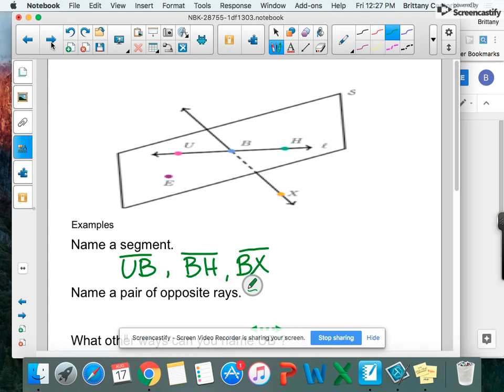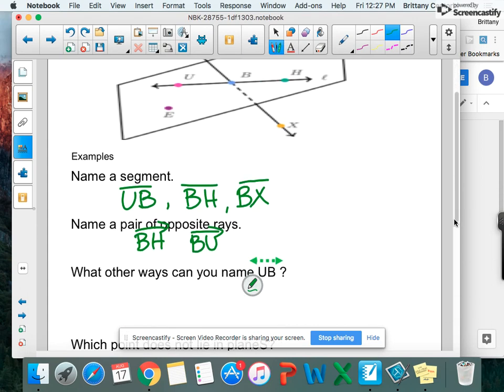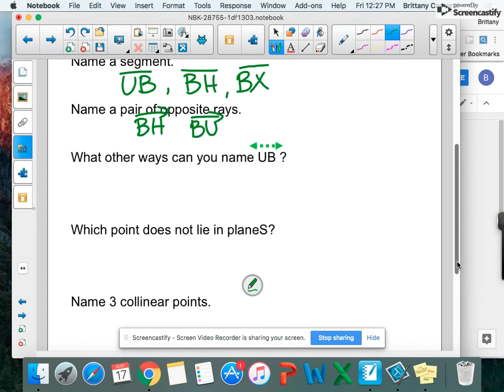A pair of opposite rays have to share the same endpoint and form a line. Our point in the middle there is B, so we're going to go BH and then BU. Again, making sure that we have the correct label above. What are other ways that you can name line UB?